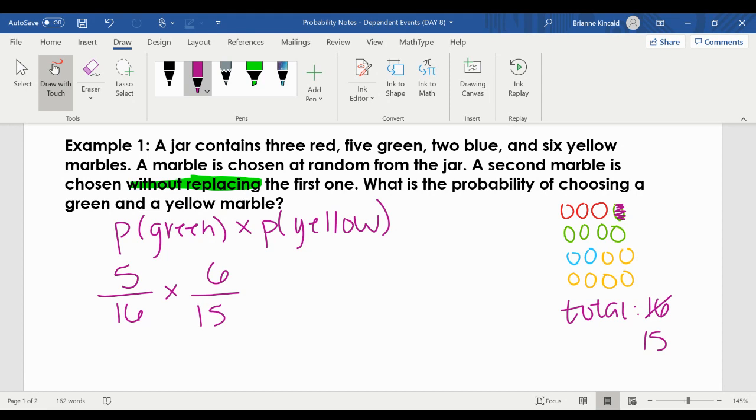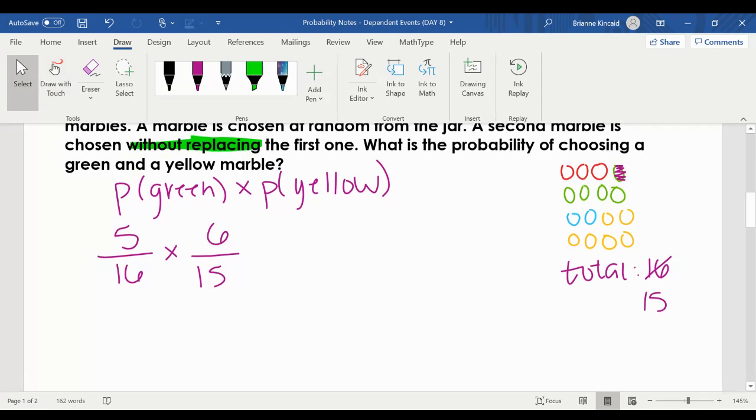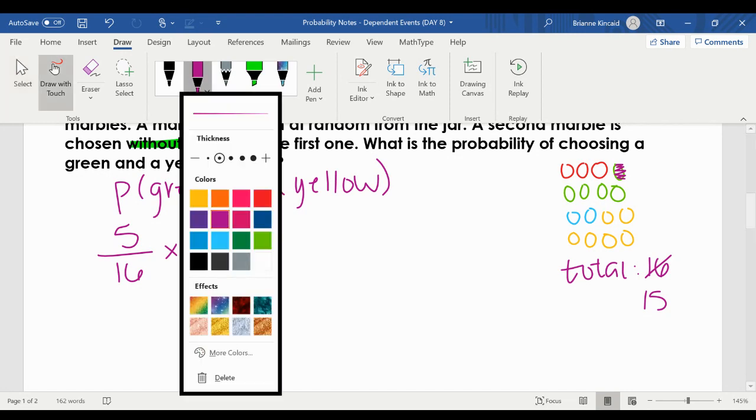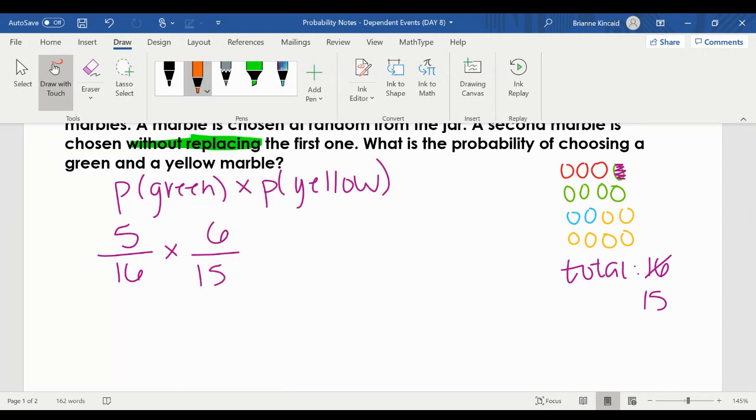Now, you can go ahead and multiply these across like you normally would, or remember, you can simplify fractions. You're allowed to cancel something in the numerator with something in the denominator. That means that even though 5 over 16 doesn't reduce, they don't have common factors, and 6 and 15 don't reduce, I can reduce 5 and 15 because they're both divisible by 5. So 5 divided by 5 is 1. 15 divided by 5 is 3.